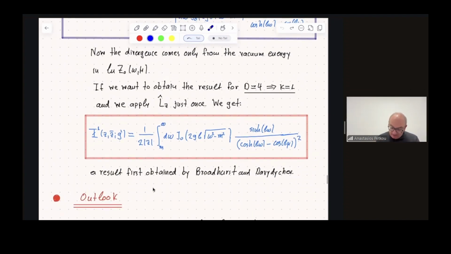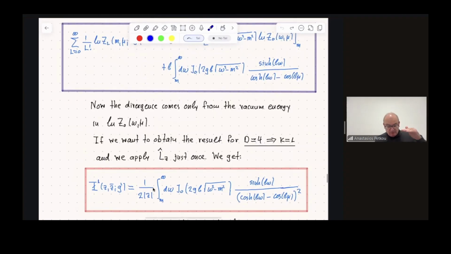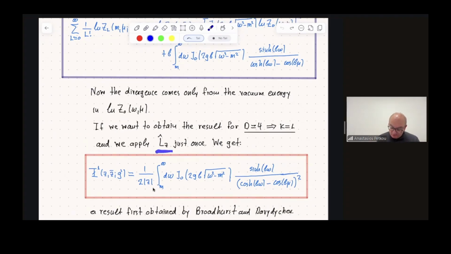And eventually, this was the result for the summation of the graphs in 2 dimensions, because log z is the graph in 2 dimensions. To get the graphs in 4 dimensions, I need to apply LZ to go to depth 1. So it's very easy.